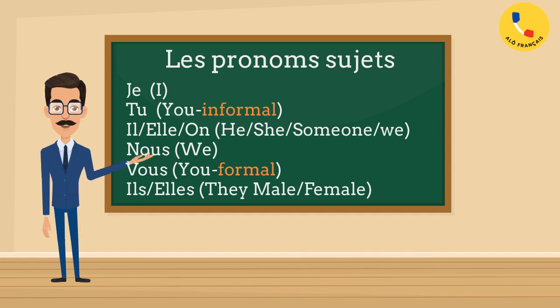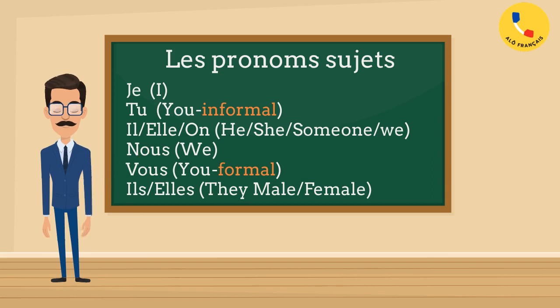I'll just give the pronunciation once again for you guys so that you are aware how to pronounce them. So les pronoms sujets. Je, tu, il, elle, on, nous, vous, il, elle. And last time also we talked about formal and informal.